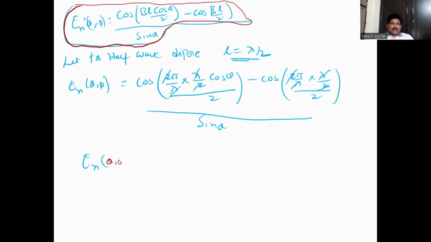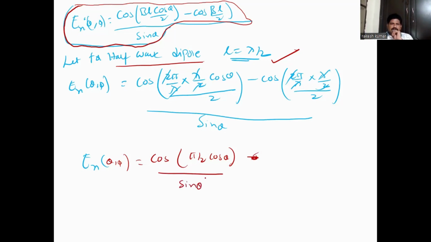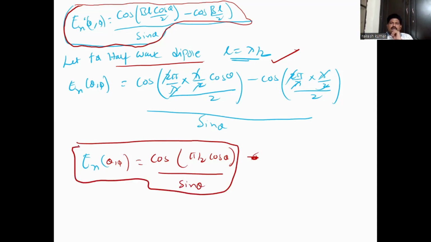So here, now, I am going to calculate for a half wave dipole, L is equal to lambda by 2. So En of theta comma phi is equal to cos of pi by 2 cos theta, minus cos pi by 2. What is the value of cos pi by 2? Cos pi by 2 is 0. Pi sin theta. So this is the expression for the normalized field pattern for a half wave dipole.